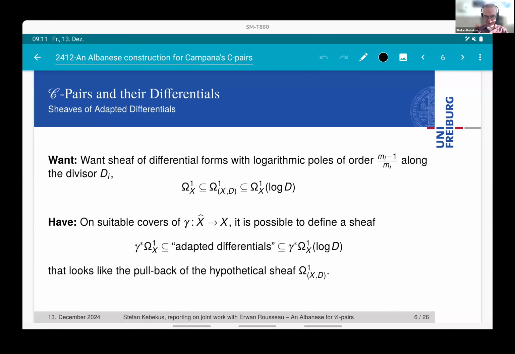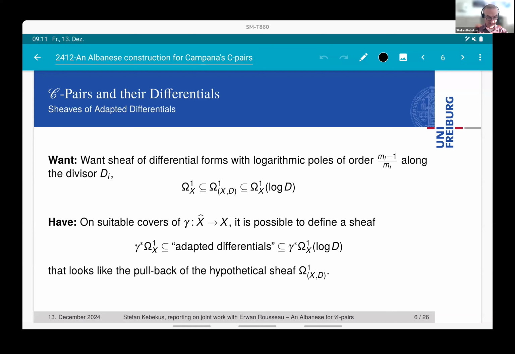And as I already pointed out, what we would ideally like to come up with is a sheaf of differential forms that have log poles of order given by the divisor coefficient along that divisor.